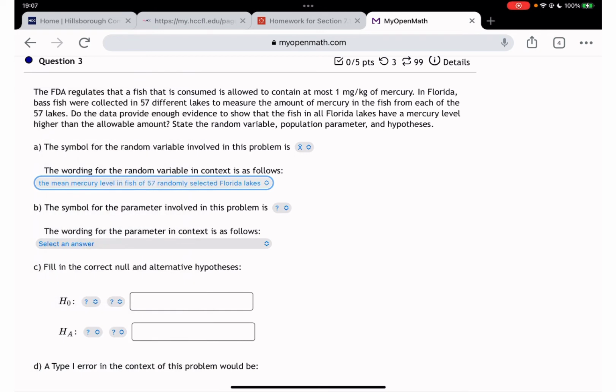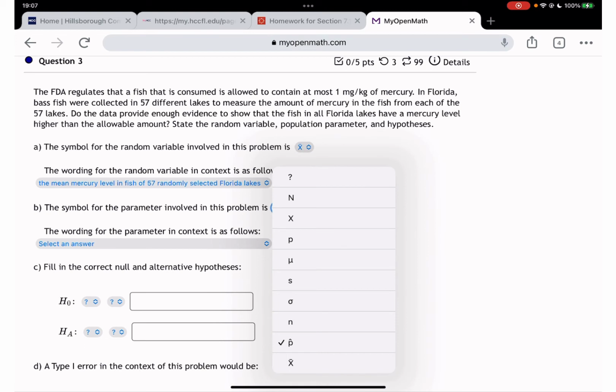The symbol for the parameter involved in this problem, since X bar represents the sample, is mu, which represents the population. It's going to be our mu.